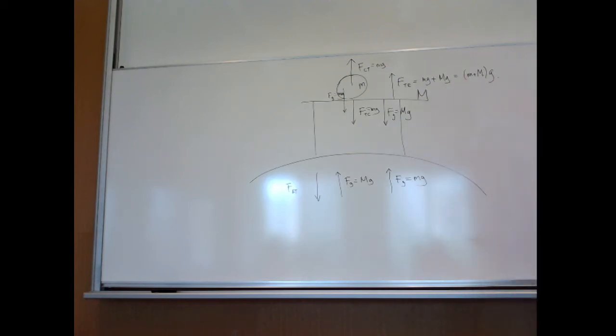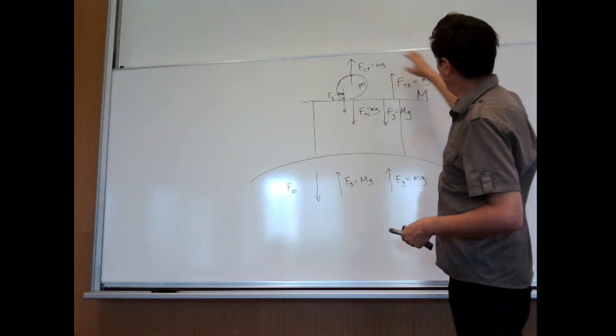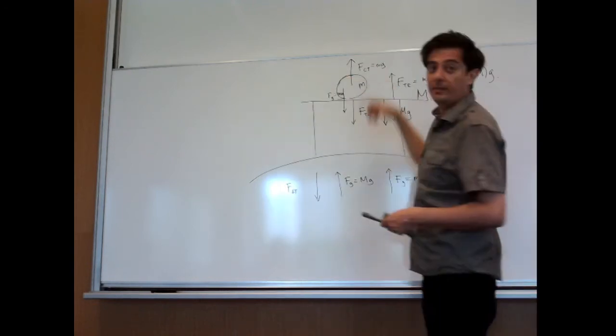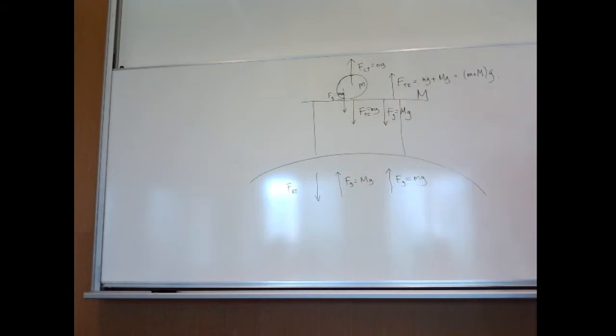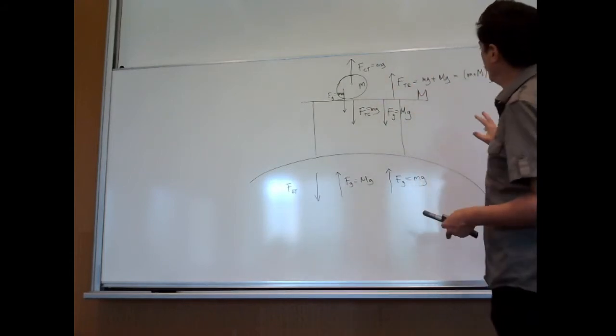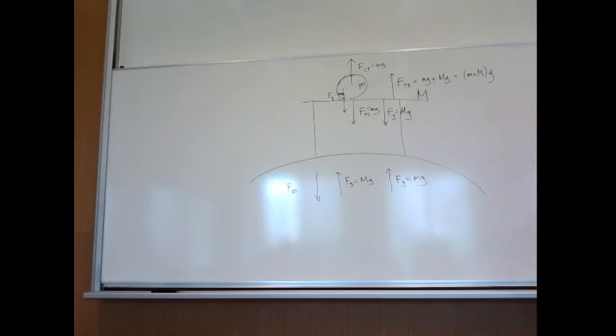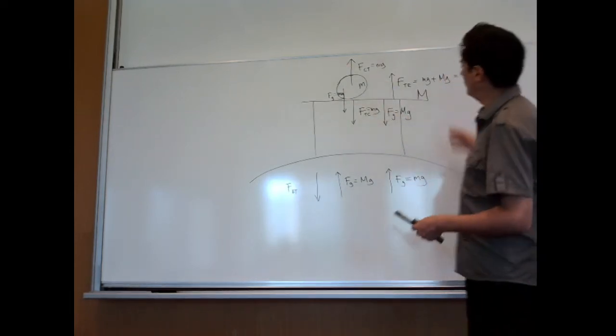Exactly, yeah. So you might take your system as actually being this whole block here, and you just forget about the fact that there's the cantilever and the table, and think of that whole thing as a block. And then, of course, you just look at the mass of that whole block. So the normal force should counteract the combined gravitational force, the sum of those things.